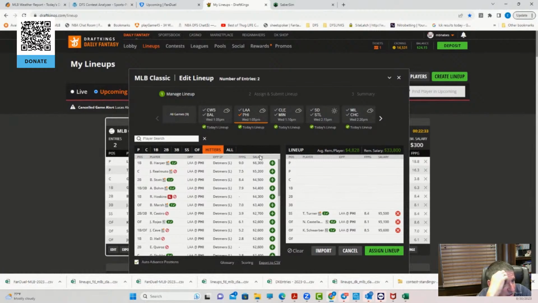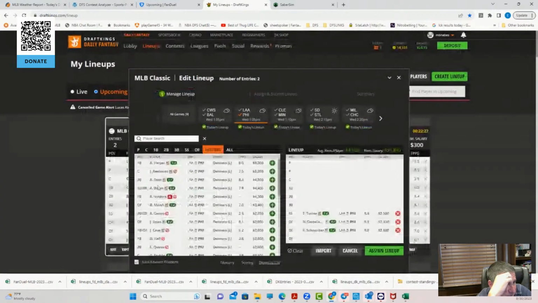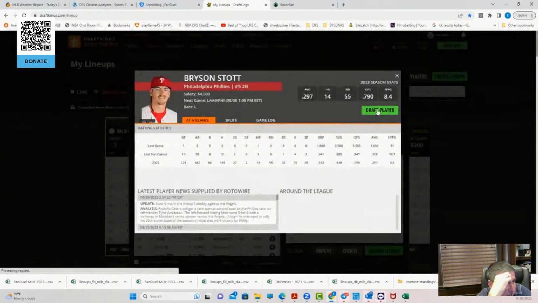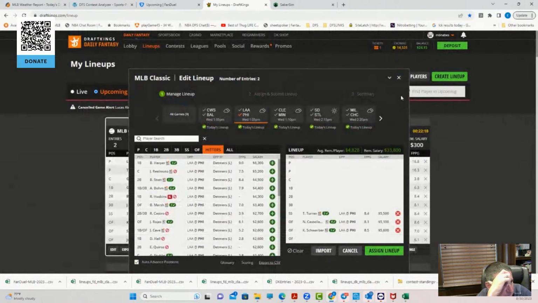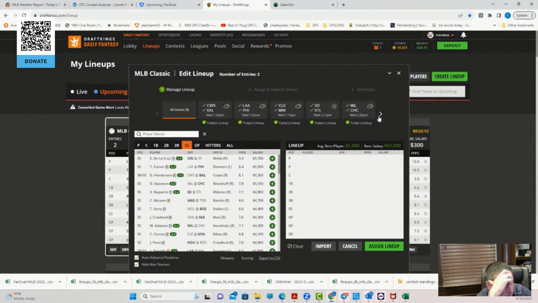I mean, Rojas is going to be real. Who's Johan Rojas? Stott we liked, right? Yeah, okay. We like Stott, but it's lefty. Boy, oh boy, Detmers is so tough. Yeah, I don't think it's going to be Philly after all. Maybe we just wimp out and do that Cleveland thing.